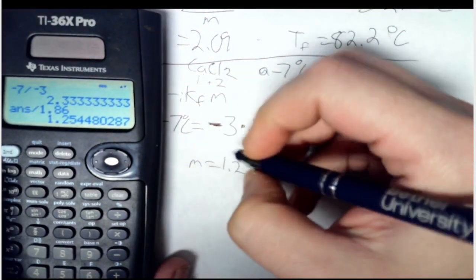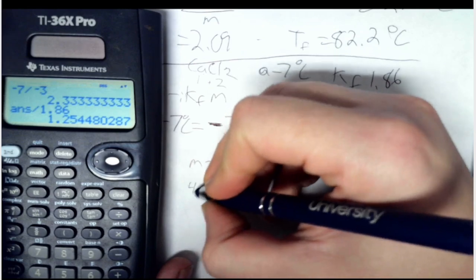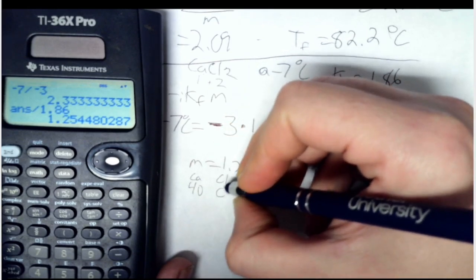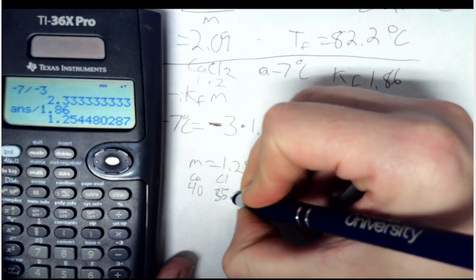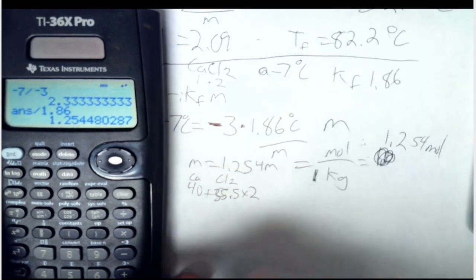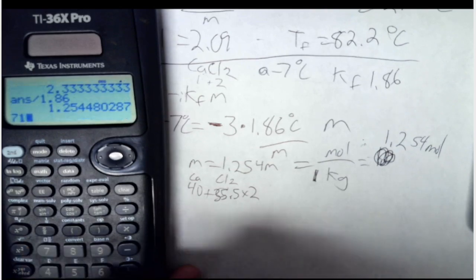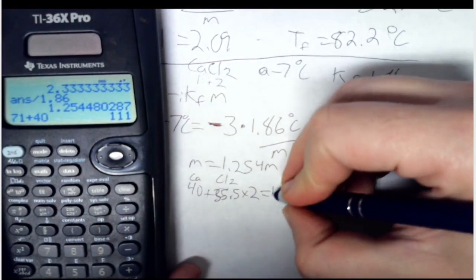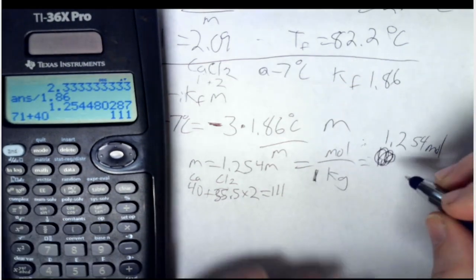If I want to figure out the mass, calcium is about 40. Chlorine is about 35 and a half, and there's 2 of them. So we'll say that's about 71 plus 40, so total molar mass of something like 111.